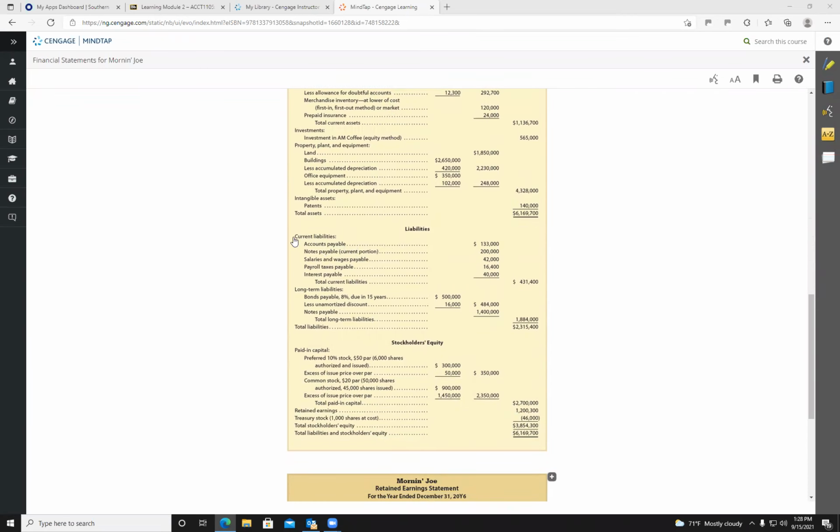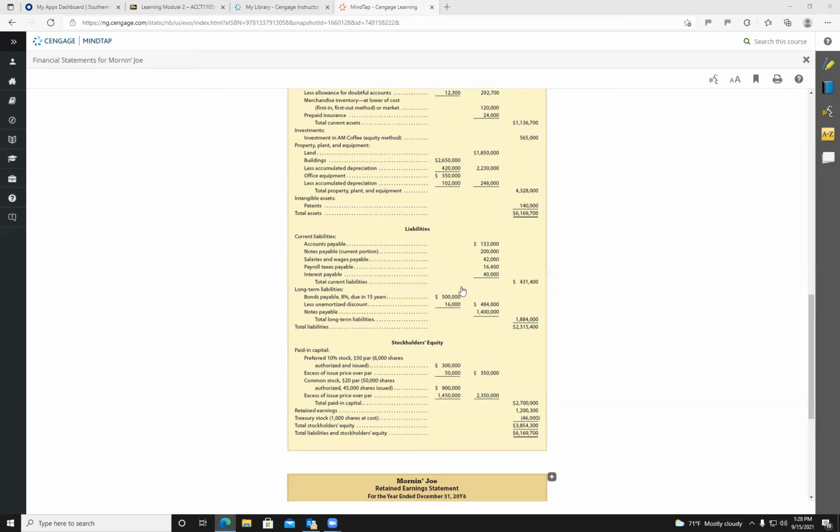If we look here, we have our current liabilities and we have our long-term liabilities. Under current liabilities, we see a notes payable in parentheses current portion. Then we come down to long-term liabilities, and we see the notes payable.